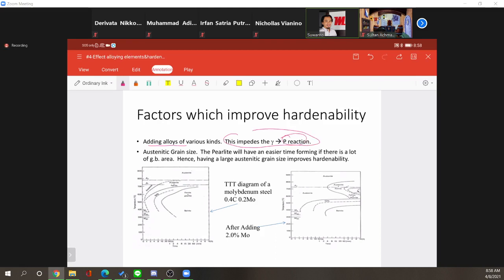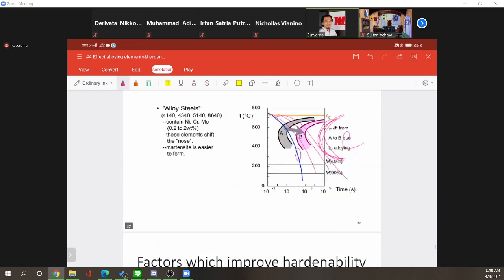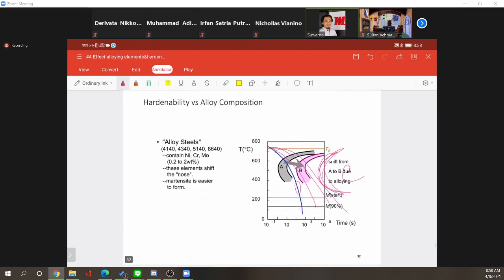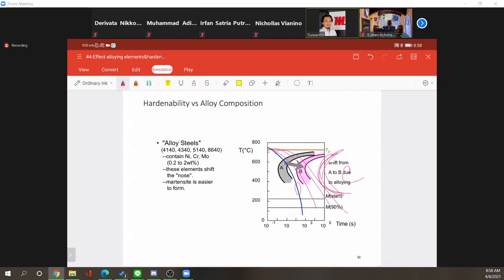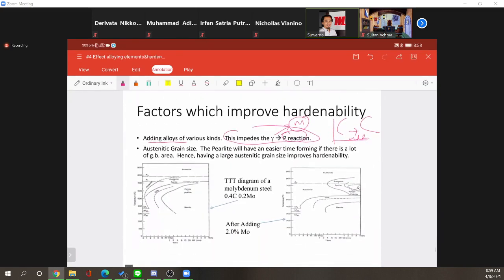If you would like not to have a pearlite reaction, then what you should have is that this is transformed to martensite. If you need to have martensite transformation, then shift the curve to the right, right? Shifted to the right. So this is the original, shifted to the right. How do you add alloy element? It's just another saying, another term, another description of what we have already discussed.